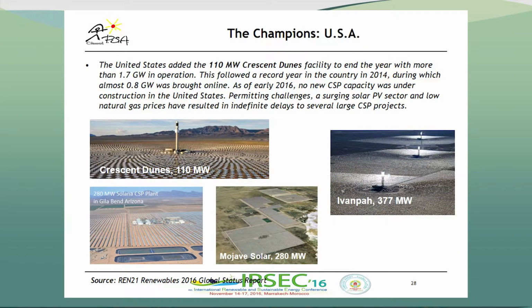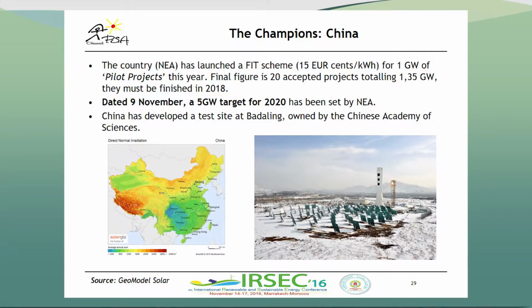Of course, the largest plants I show you are in the US. Again, here every different state has different subsidies and very different policies, but the largest plants around the world are there. And China. China is not a particularly good country in terms of solar radiation available.